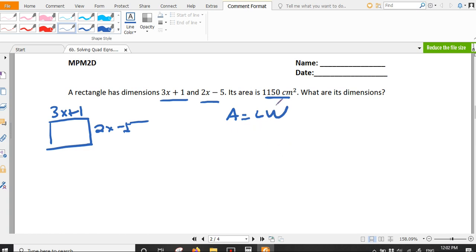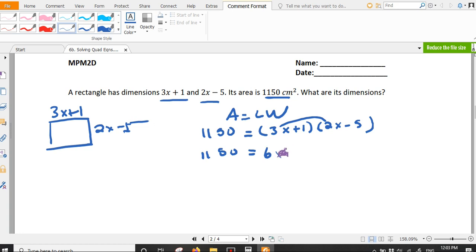Okay? Which means my area, 1150, equals the length, 3x plus 1, times the width, 2x minus 5. Now it's just a matter of expanding it and solving it. So I have 1150 equals, if I multiply these two, 6x squared, multiply these two, negative 15, these two, negative 15x, plus 2x, minus 5.